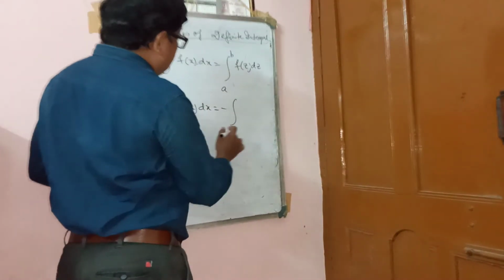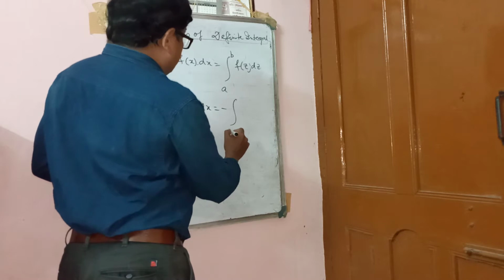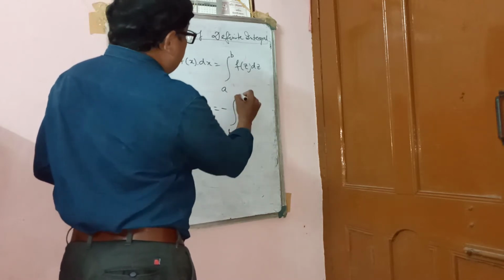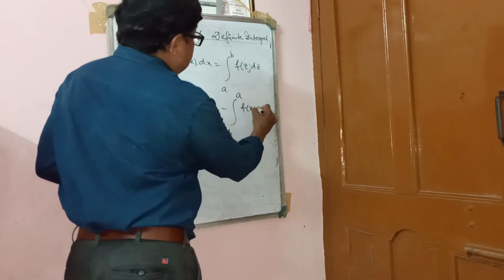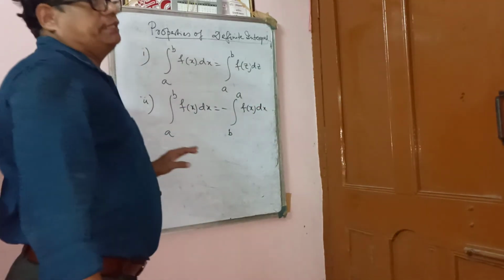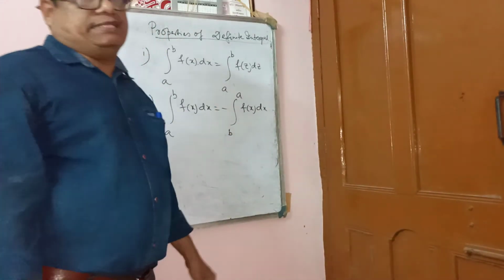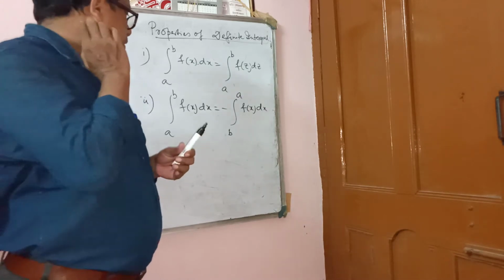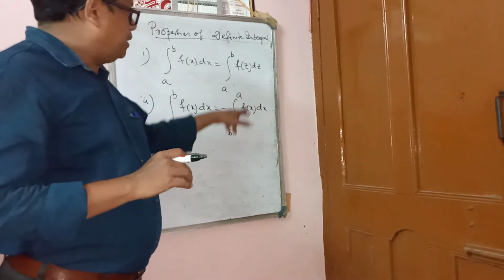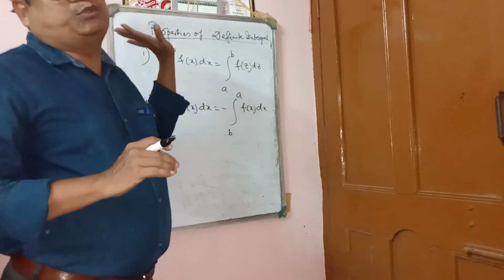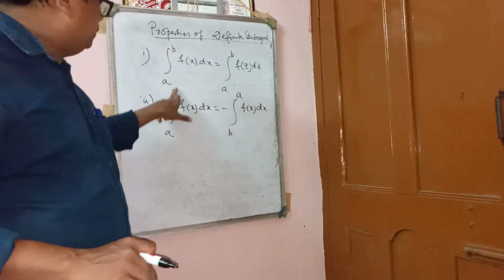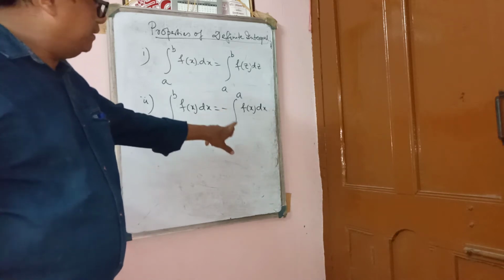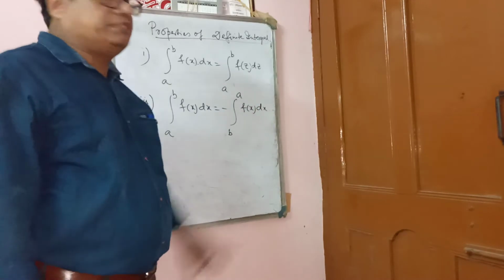So a to b f of x dx equals minus b to a f of x dx. If a minus sign is there, the limits will be changed: the upper limit becomes the lower limit, and the lower limit becomes the upper limit.